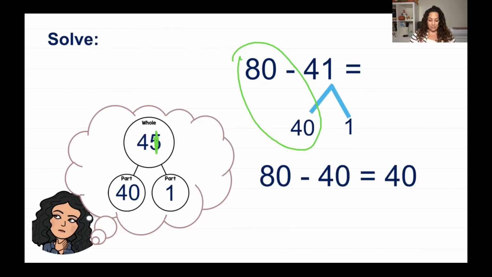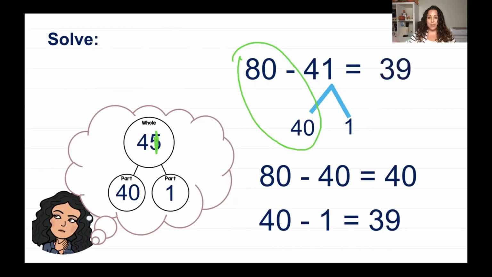I have my 1 left. So am I going to add it or am I going to subtract it? If you said subtract, you're absolutely right. I have to do 40 and 1 less is equal to 39. Okay, so 80 take away 41 equals 39.